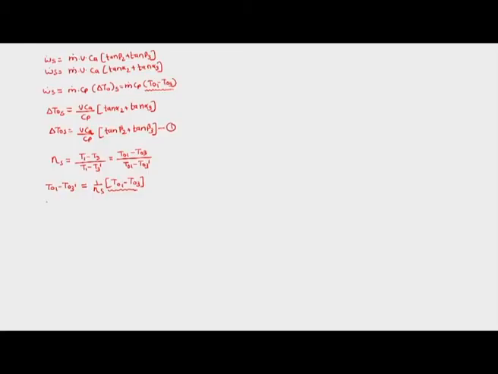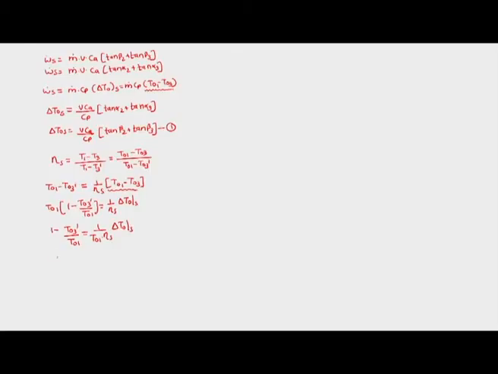So we can take T01 common. So T01 into 1 minus T03 dash upon T01 is equal to 1 upon stage efficiency into delta T0 stage. So we can write it as 1 minus T03 dash upon T01 is equal to 1 upon T01 into stage efficiency into delta T0 stage.